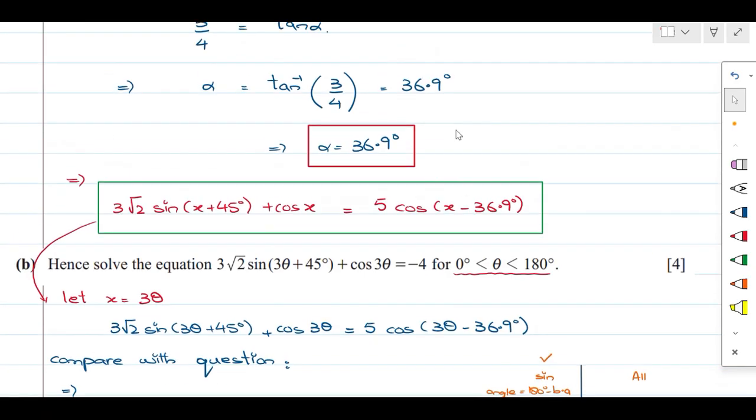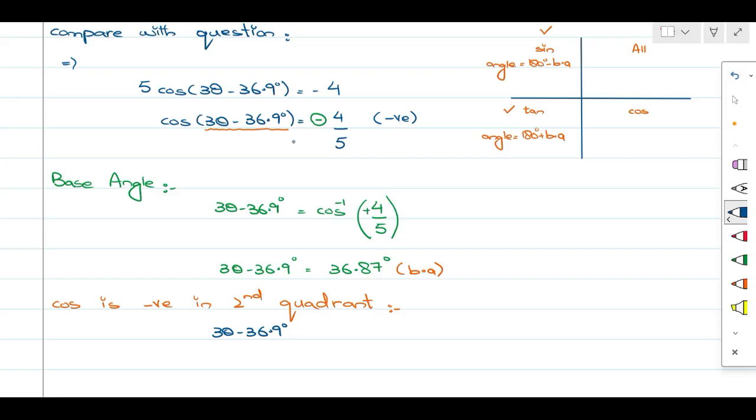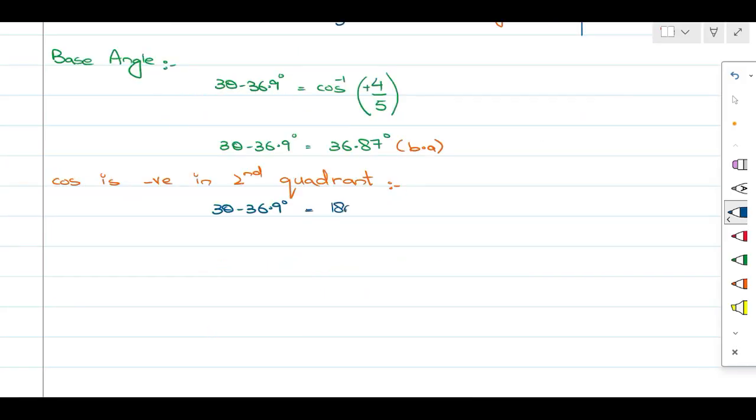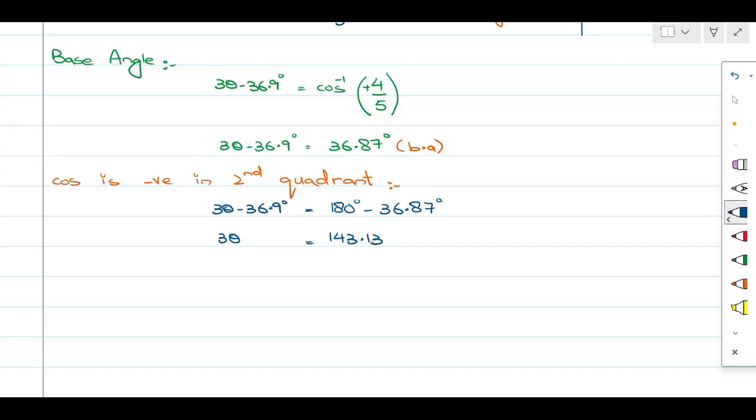So this is equal to 180 degrees minus your base angle, which is 36.87 degrees. Let me solve this side first: 180 minus 36.87 is 143.13. Shift the term on the other side and it becomes positive 36.9, and theta would be equal to that divided by 3 at the end.